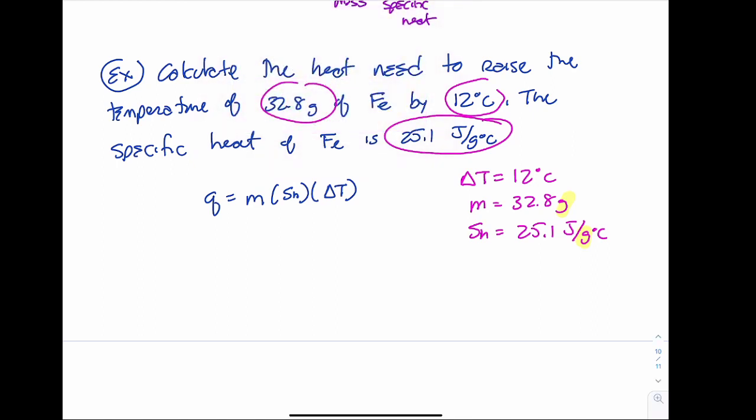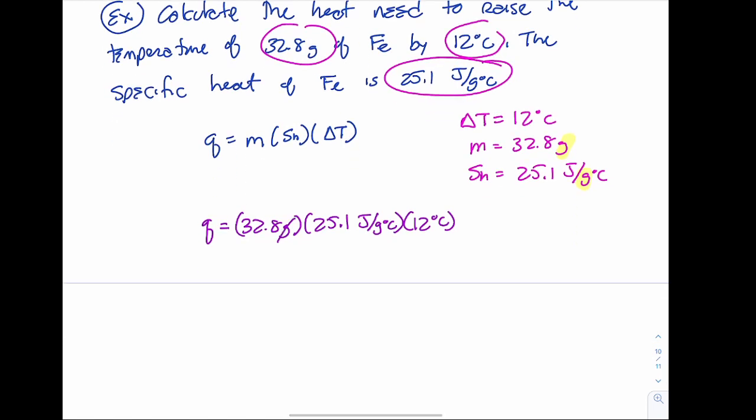I'm plugging all that into my equation then. Q is going to be equal to my mass, which is 32.8 grams, multiplied by my specific heat, multiplied by my temperature change. My grams are going to cancel. My degrees Celsius are going to cancel.